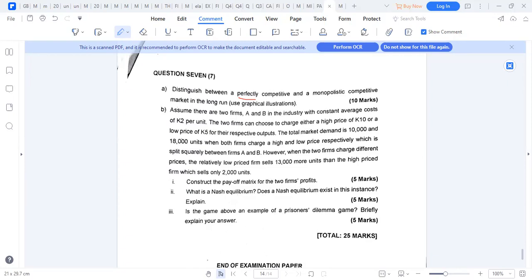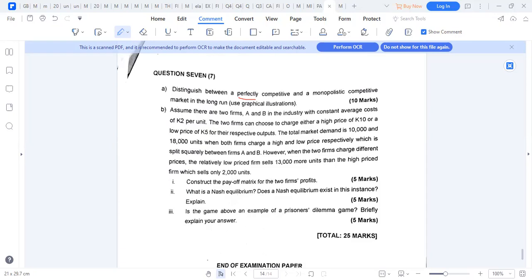In perfect competition, government does not intervene in whatever they do. I think even in the monopolistic, government also does not intervene. And the monopolistic market has low barriers to entry, whilst in the perfectly competitive market, there are no heavy barriers for people to enter.